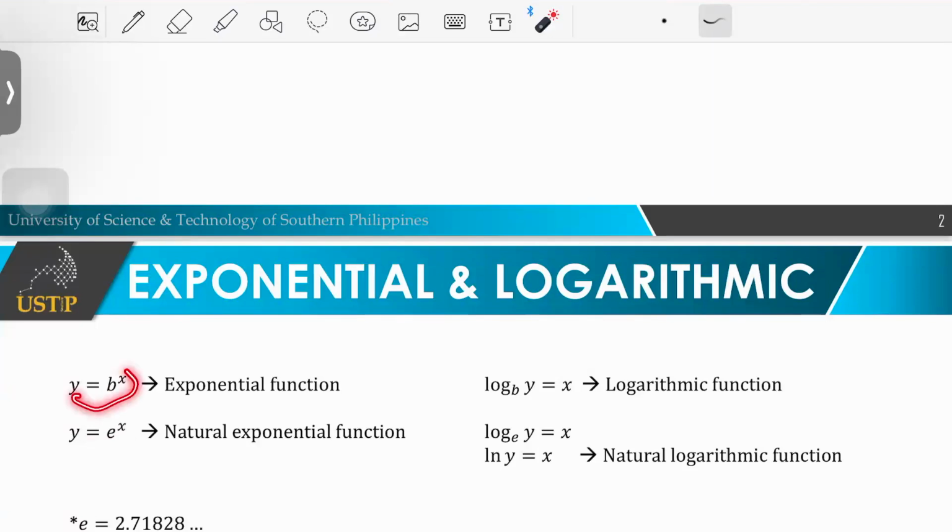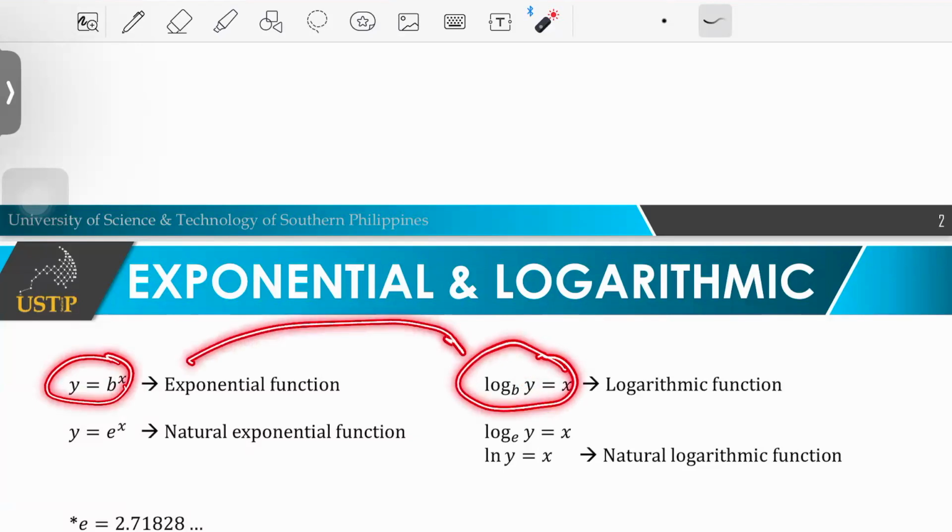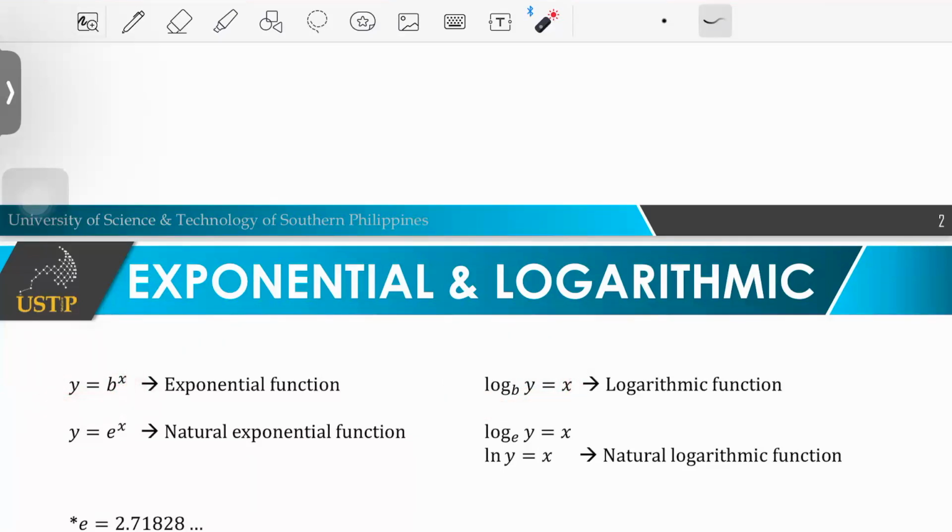Now, if we convert this to its logarithmic form, you know that our b here becomes the base, y stays, and then you equate it to your variable, the exponent. So this is how you rewrite or convert your exponential function to a logarithmic function. And then we have the natural logarithmic function, where your b, again, is equal to e.